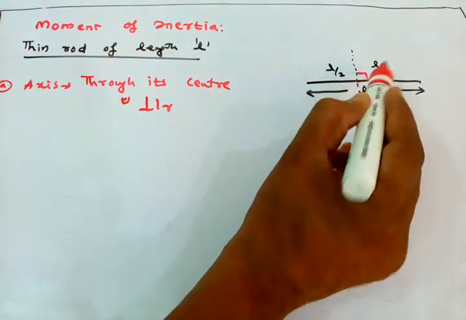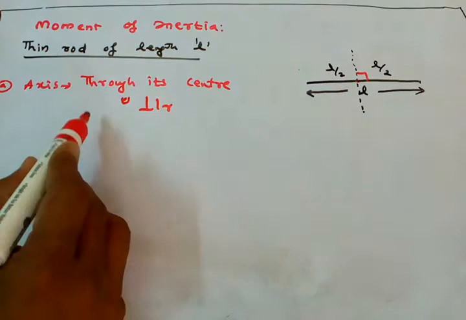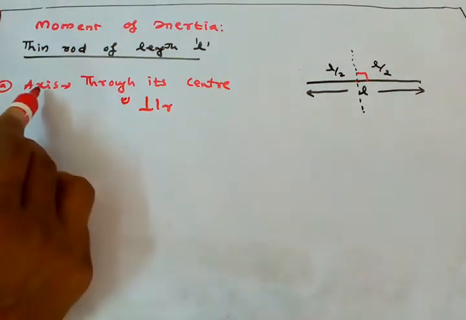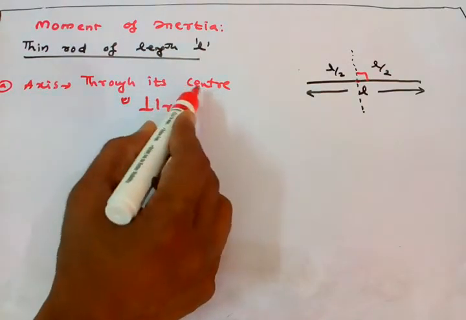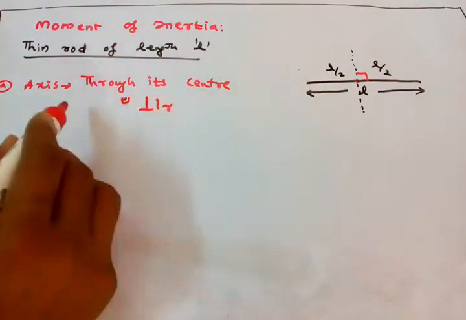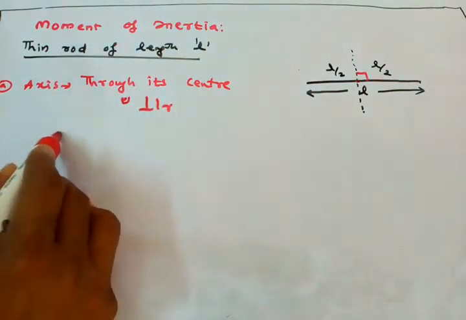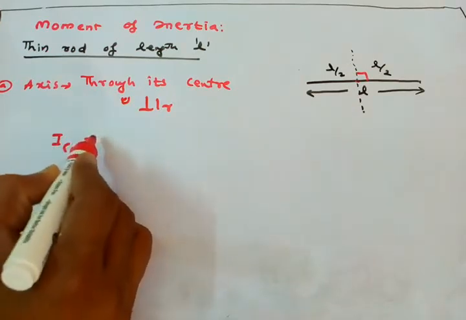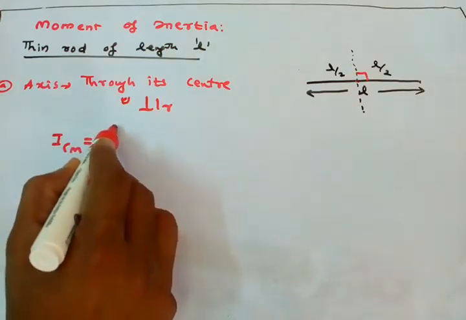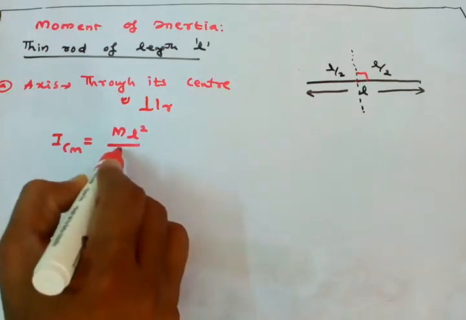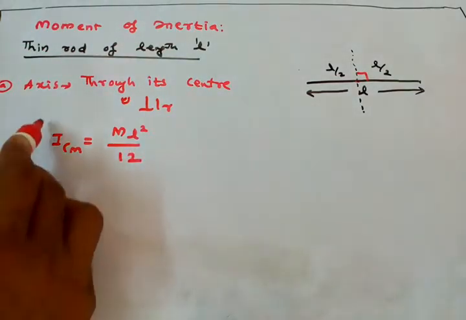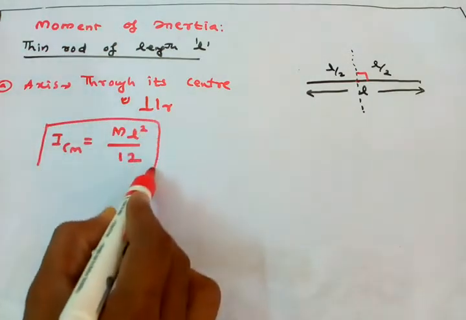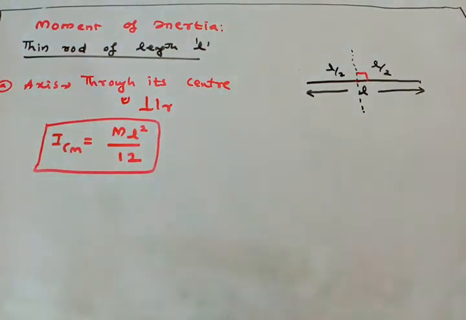If the axis of rotation is through its center and perpendicular to the rod, in this case the moment of inertia through the center of mass, I_CM, is equal to ML square by 12. This is the first case.